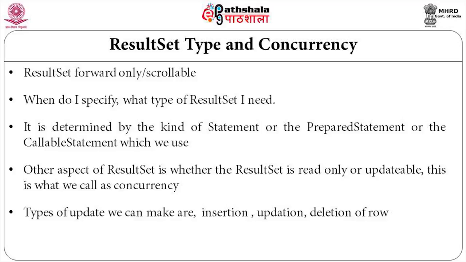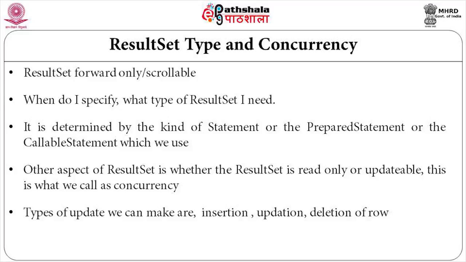In the same way, a result set could be either a read only result set or an updatable result set. If it is read only, we'll be using only those getter methods, get xxx methods, to fetch the values. But if it is updatable, then it's also possible to make updates in the result set.